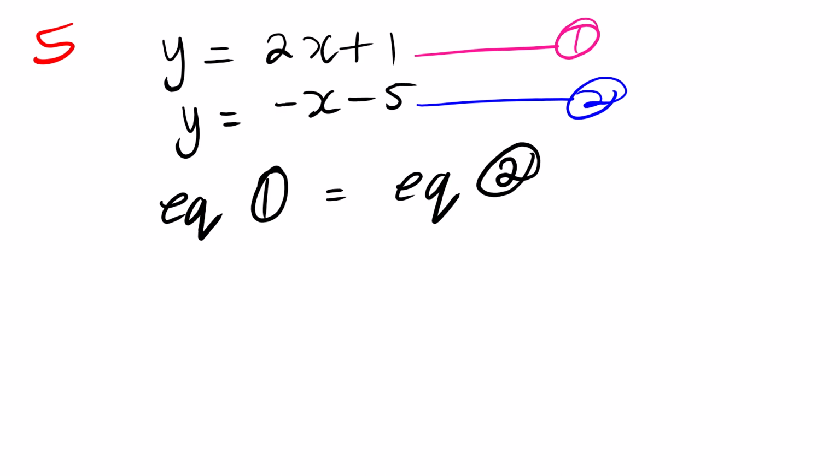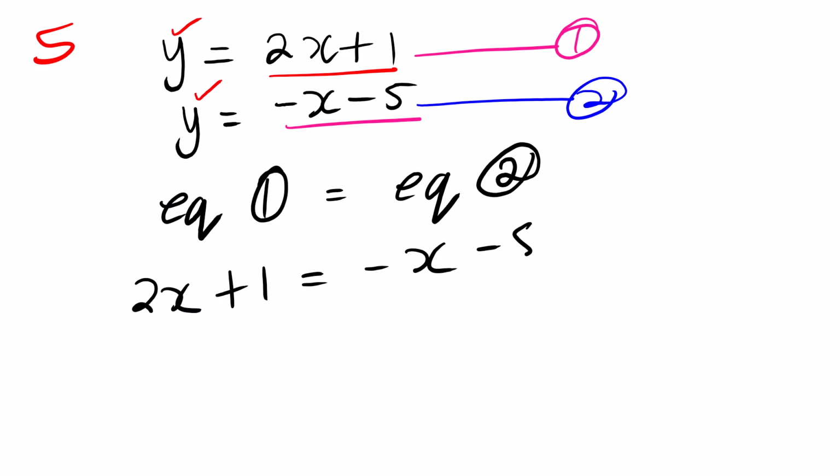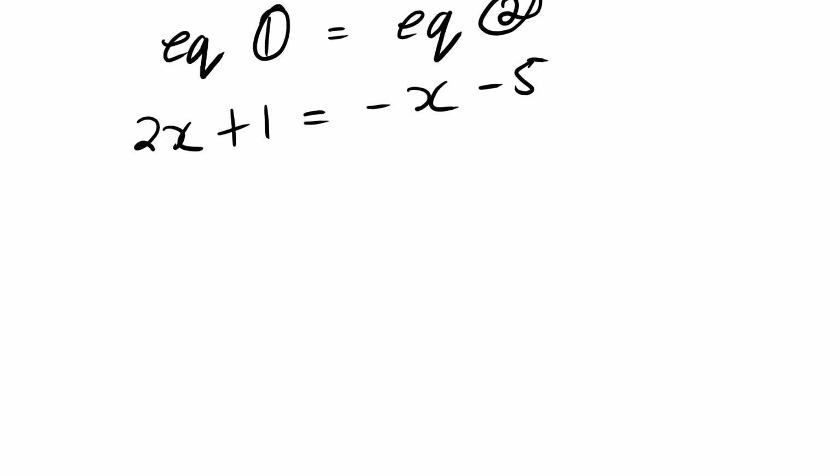Now in this case, I'm trying to say this part is equals to this part, since both of these equations are equated to y. Y is the variable which is the subject of the formula. Now we have 2x plus 1 is equals to negative x minus 5. Then we can simply solve for x.